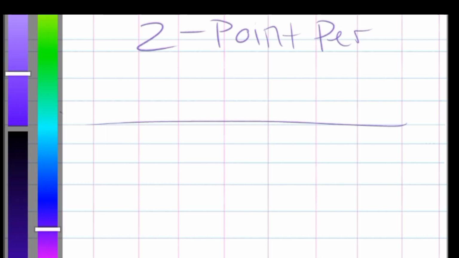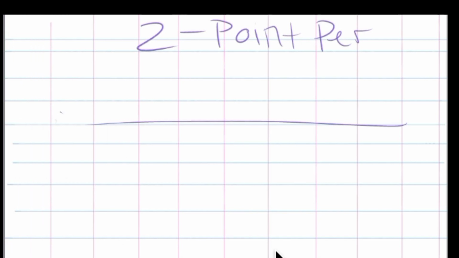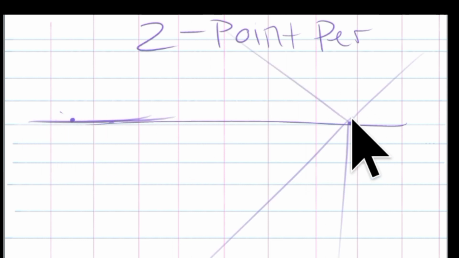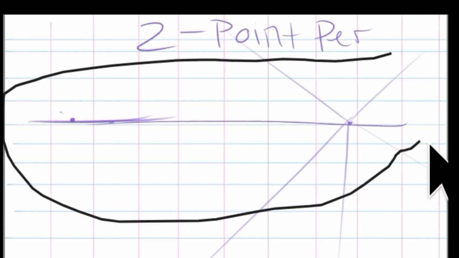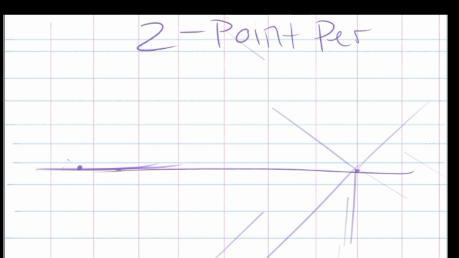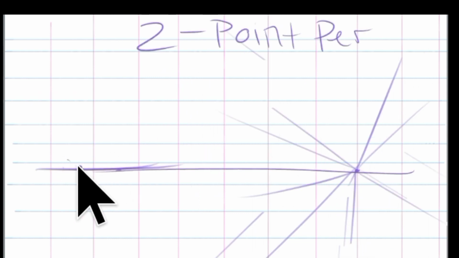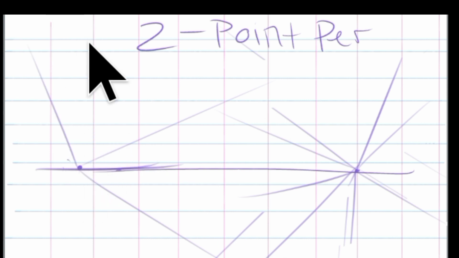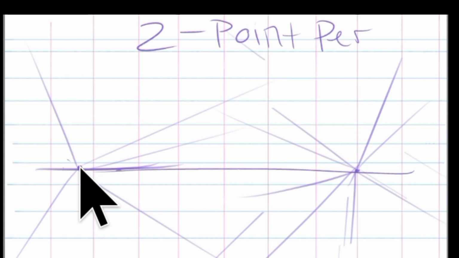The major difference between 1 point and 2 point perspective is that 1 point perspective has 1 vanishing point, while 2 point perspective has 2 vanishing points. Let me shift this down. So if it has 2 vanishing points, what does this mean?